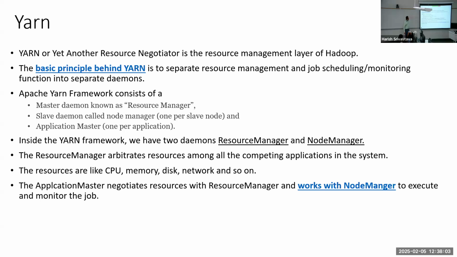Inside the YARN framework we have two daemons, one called the node manager and the other called the resource manager. I will explain what all these mean. Just remember the names. They each have a specific functionality for which they are written.